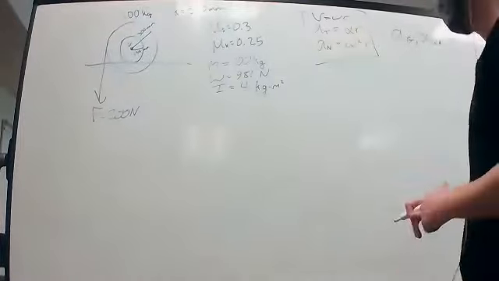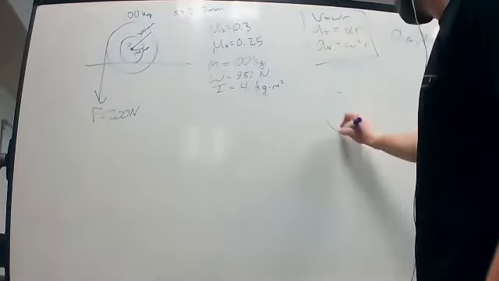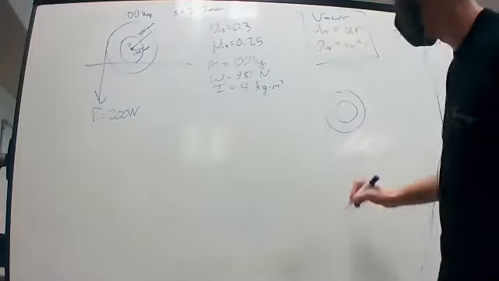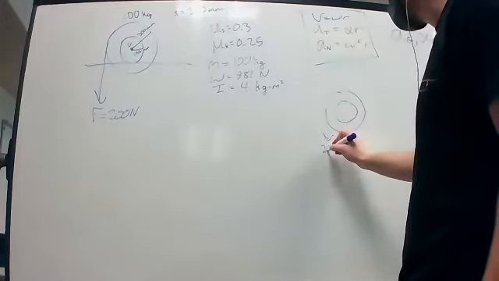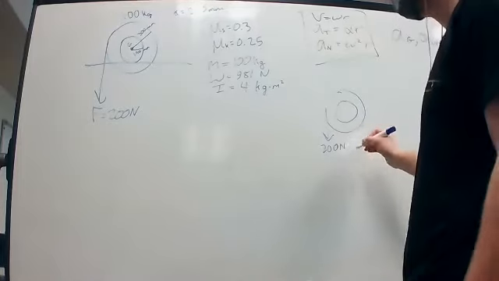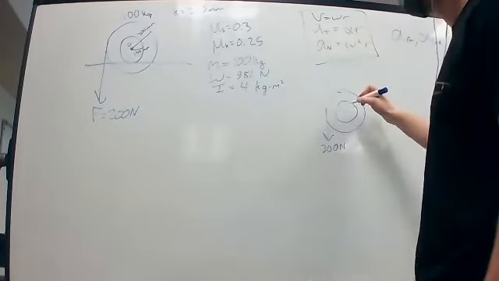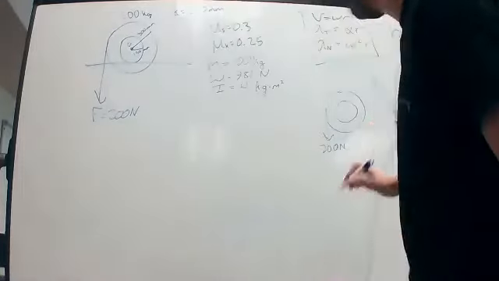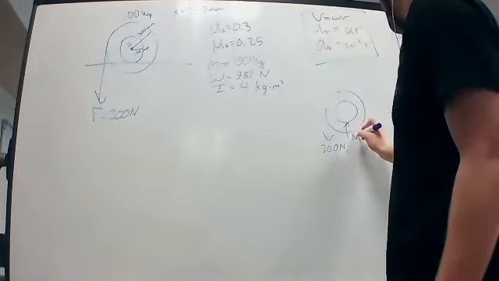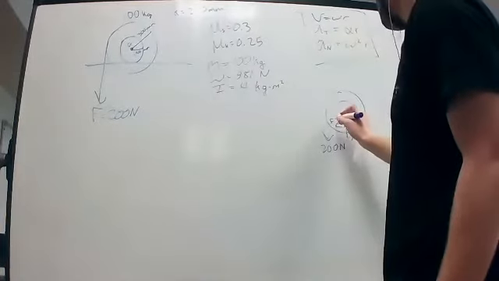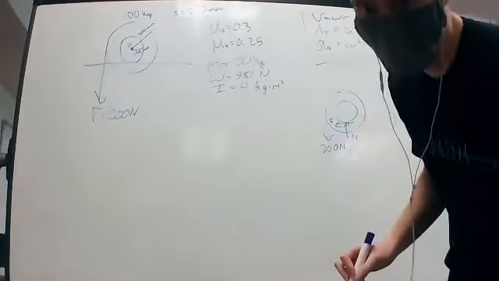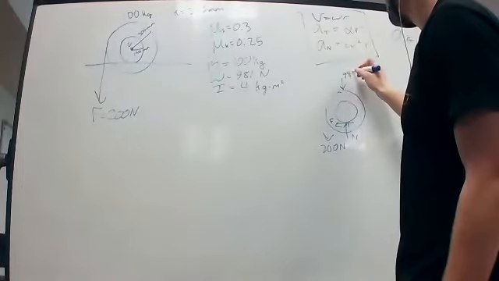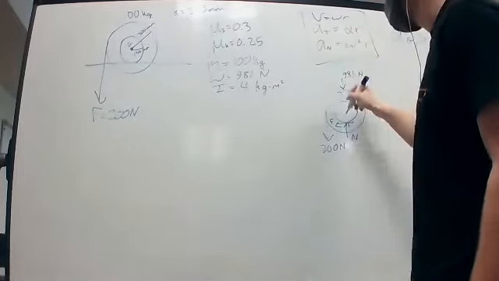So we'll go ahead and set up our diagrams. We have our free body diagram with the 200 newtons acting on the left, the normal force and friction acting on the inner radius, and 981 as the weight going straight through the center.